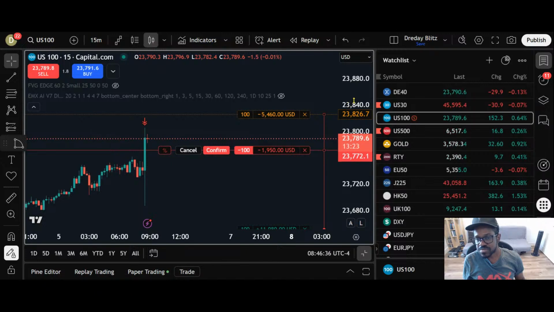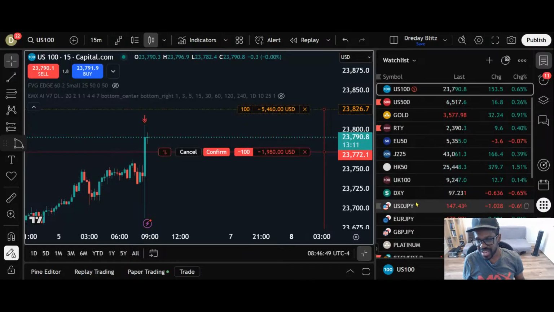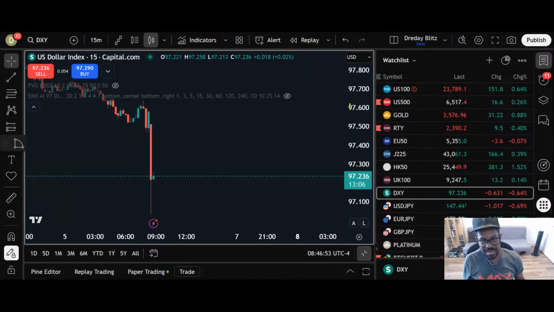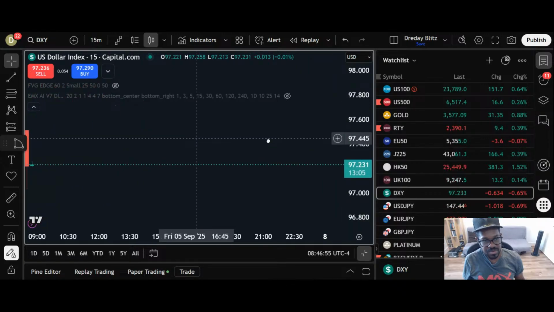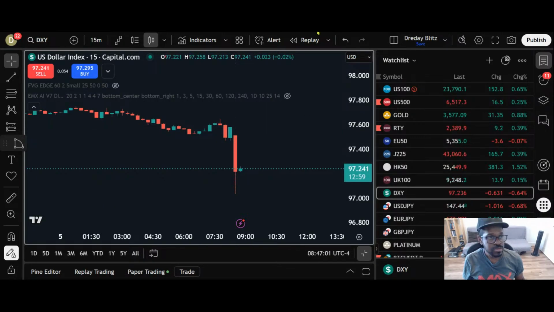Since NFP is related to the dollar, for sure the dollar would be impacted right away, and that's exactly what we had. If we look at DXY again, DXY did crash big time here at 8:30. Big candle going down. So we're still bullish here on that.